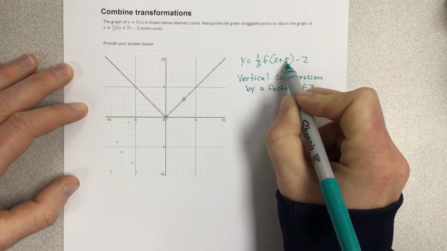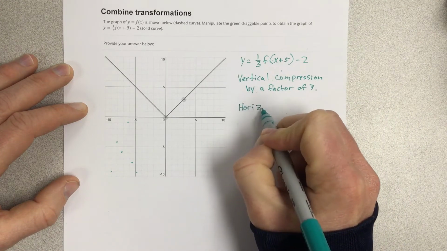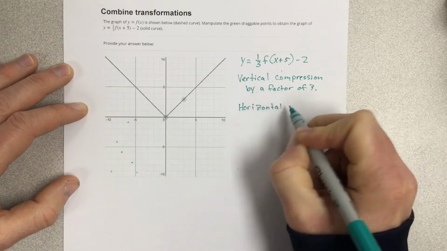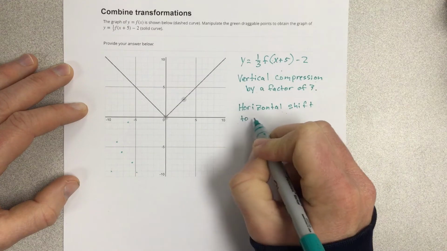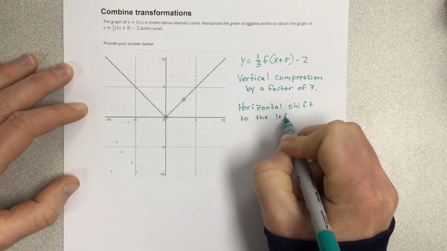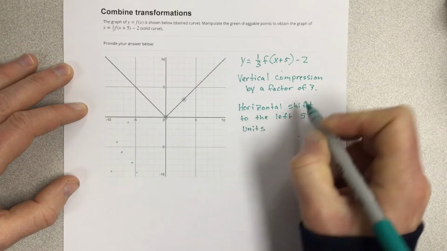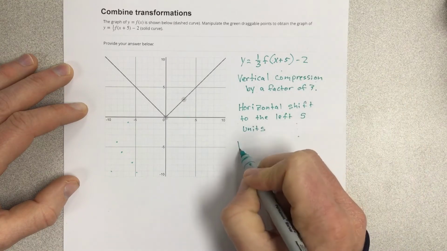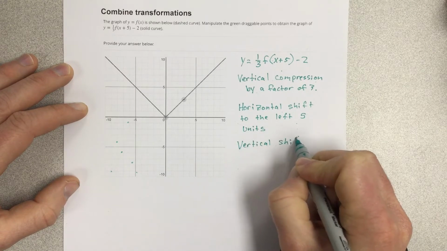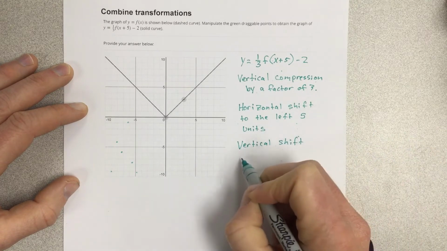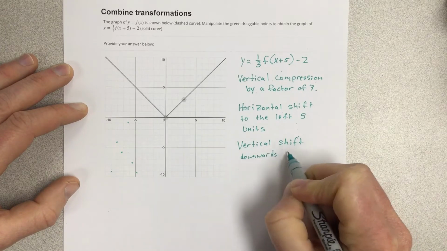The 5 here tells me that I have a horizontal shift to the left 5 units. And then the -2 says I have a vertical shift downwards 2 units.